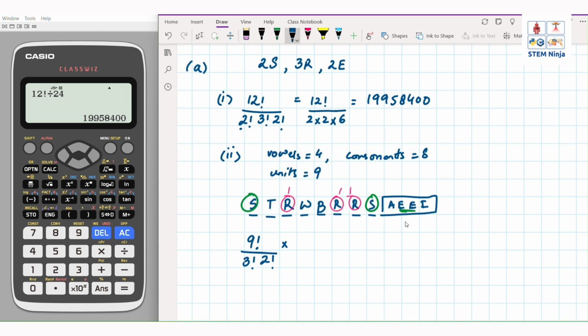And inside this unit over here, we have 4 items, but 2 of them are identical. So we just have to do 9 factorial times 4 factorial divided by 6, 2, and 2, again 24. So this is the value: 362880.